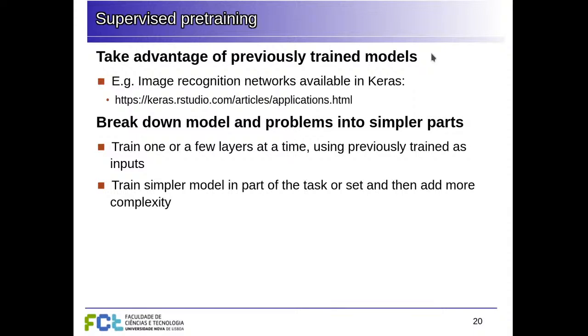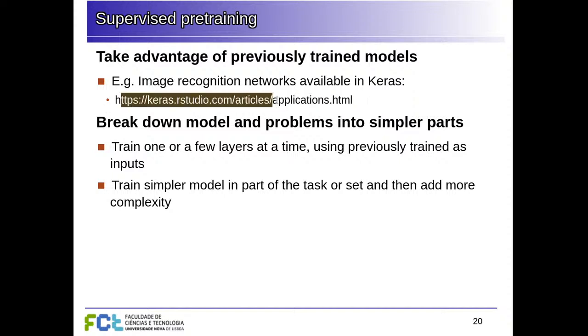So basically we are going to take advantage of what was previously learned. In today's exercise you're going to use part of a model that you trained before and apply it now to a new problem. You can do this in Keras easily.